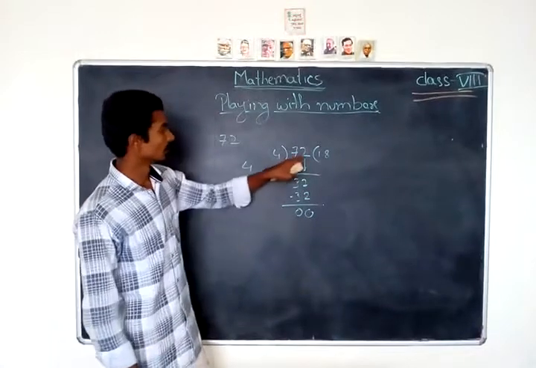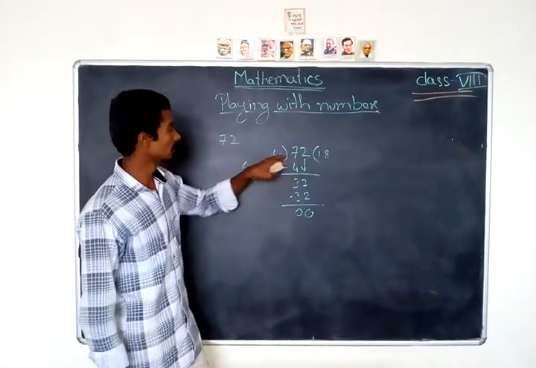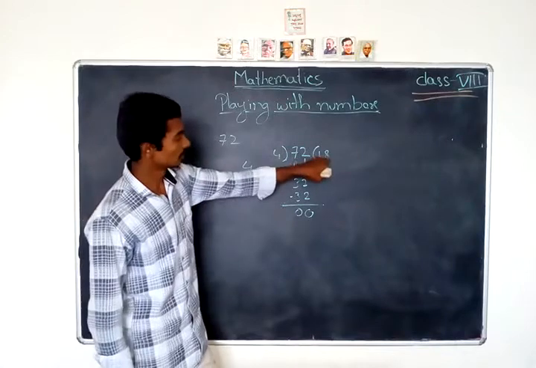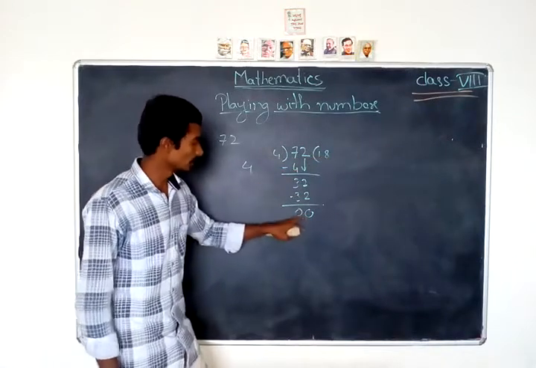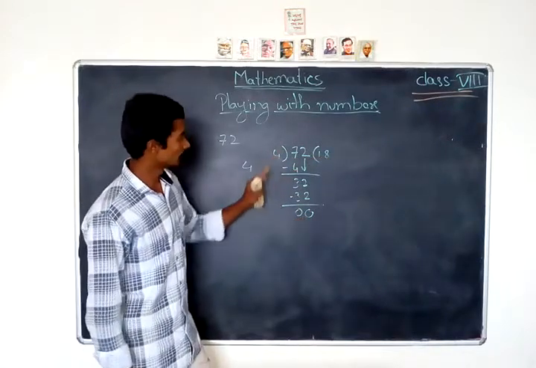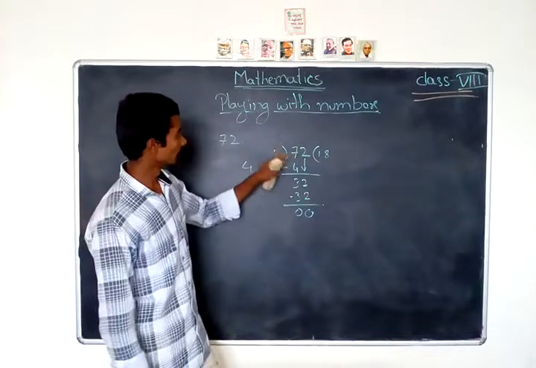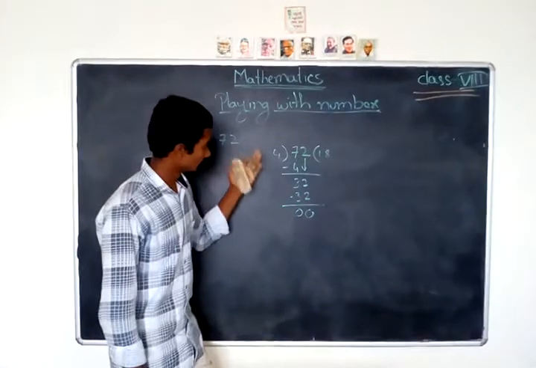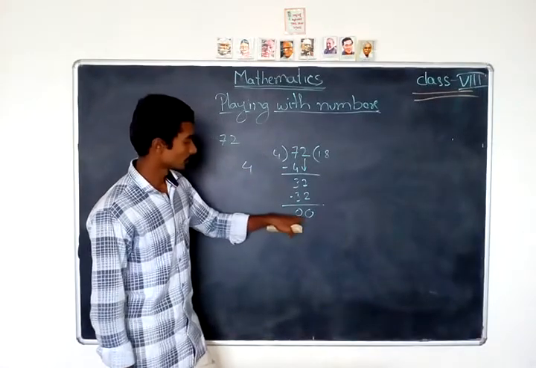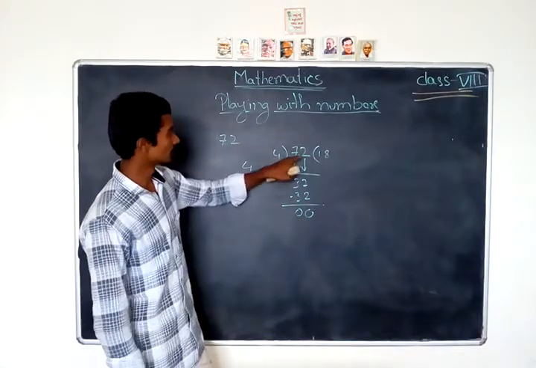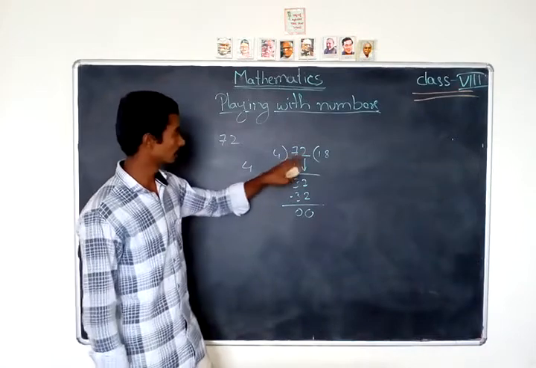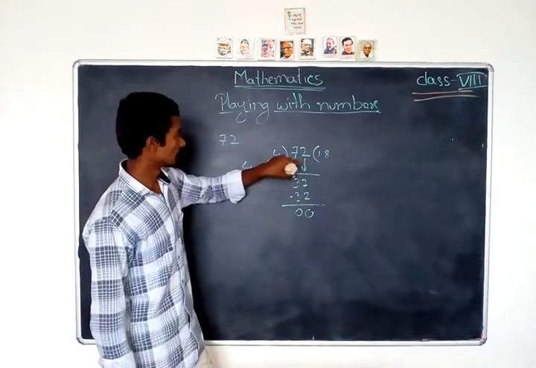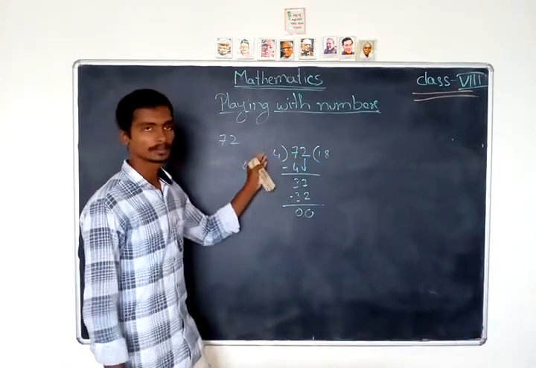As we all know, this is the dividend, this is the divisor, this is the quotient, and this is the remainder. If a number, when divided by another number, gives the remainder 0, then this number is called divisible by that number.